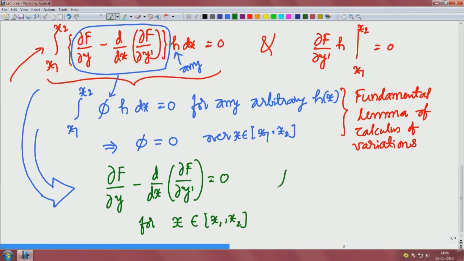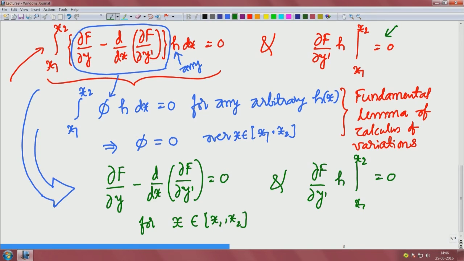But we should not forget the boundary condition. So, the other one that we have over here: dou f by dou y prime h at x1 x2 equal to 0.